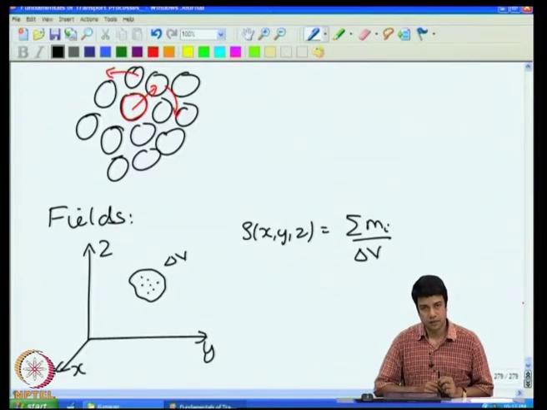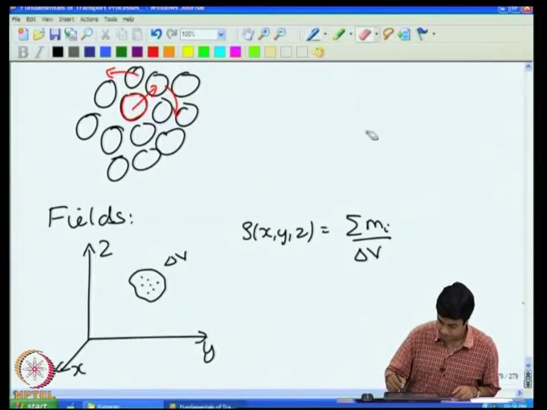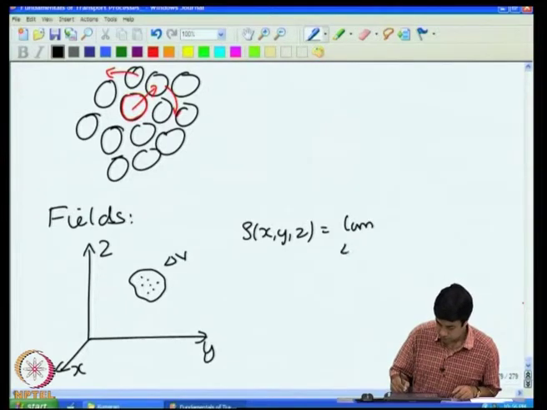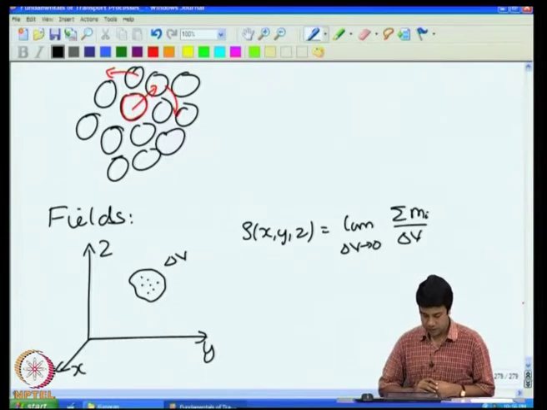So, you find out the total mass of all the molecules within this differential volume, divide by the volume itself, and you take the limit as the volume goes to 0. In the limit as the volume goes to 0, this is the density at a fixed point in space.